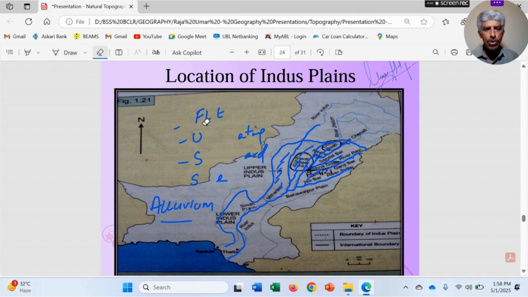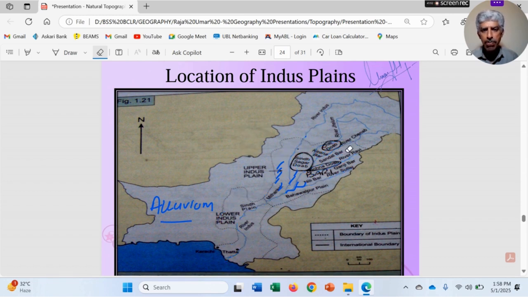So this shows the effectiveness of Indus Plain for Pakistan, and this region is considered to be the most productive region of Pakistan.